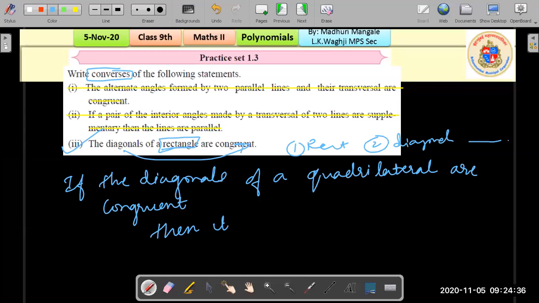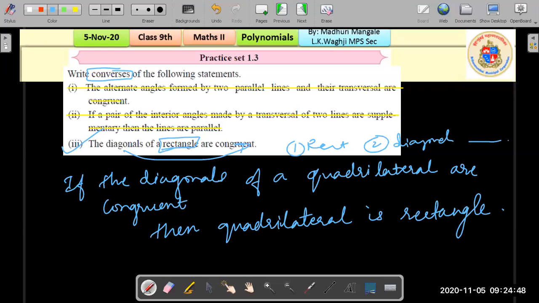Then that quadrilateral will be a rectangle. Okay, so if the diagonals of a quadrilateral are congruent, then the quadrilateral is a rectangle. So always try to understand the parts first, and then you switch the places, so that you get to know how to flip it. Okay, now this completes practice set 1.3.